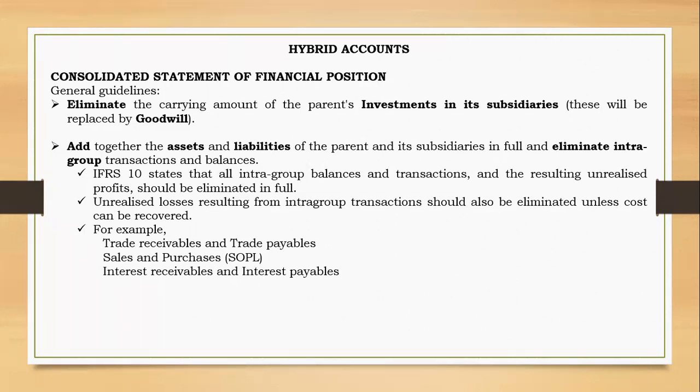Do you know the reason? The reason is, if I sell goods to you, we are going to consolidate both the liabilities and the assets. And if we are consolidating stock, the stock that we are consolidating is already sold, so if we go ahead and consolidate, that will result in double counting.